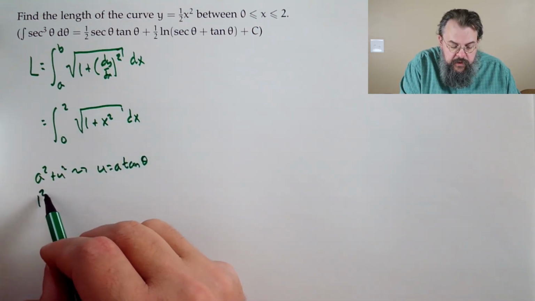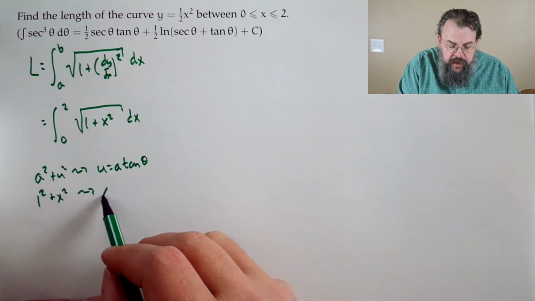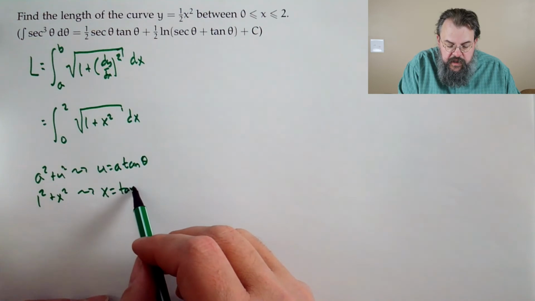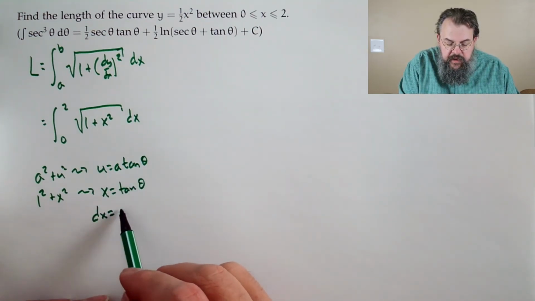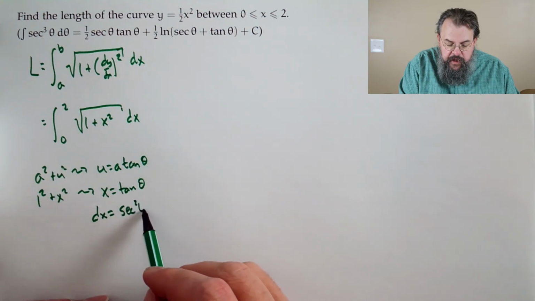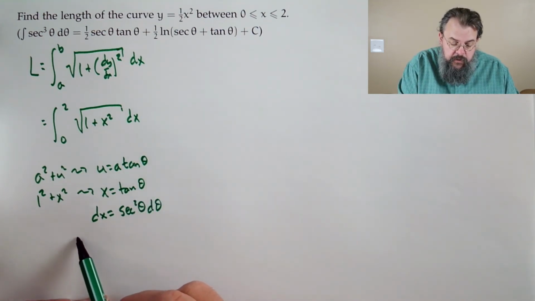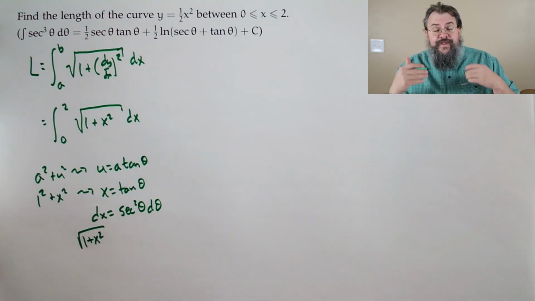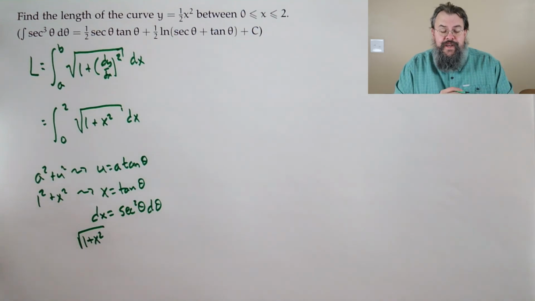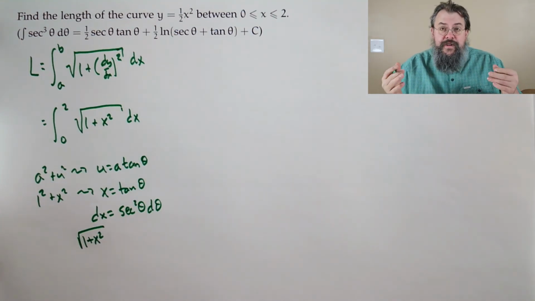So in our case, 1 squared plus x squared. Okay, so x should be tangent theta. That means dx is secant squared theta d theta, and the square root of 1 plus x squared, well, that's the square root of 1 plus tangent squared, which is square root of secant squared, which is secant.